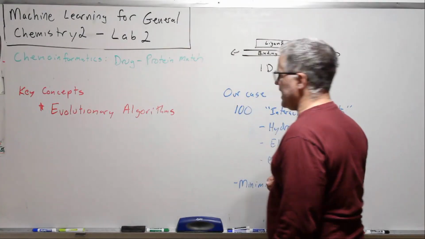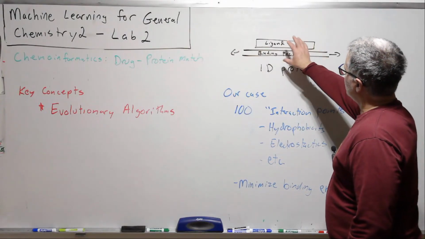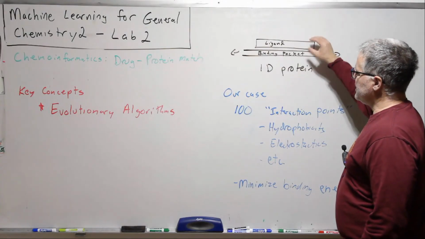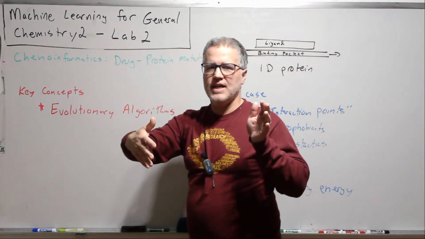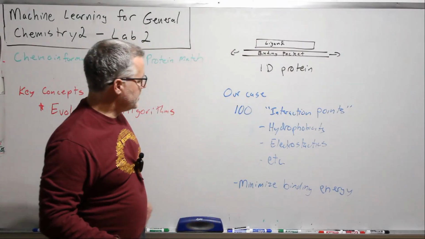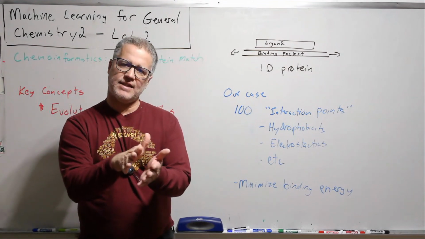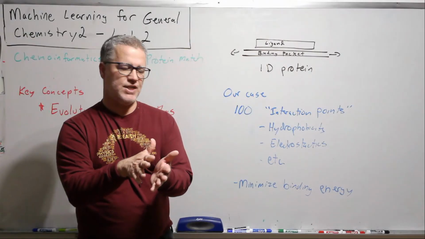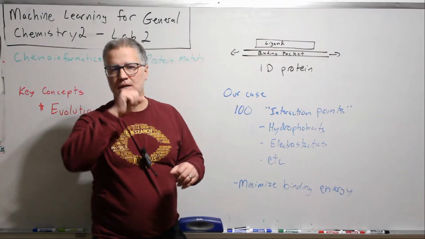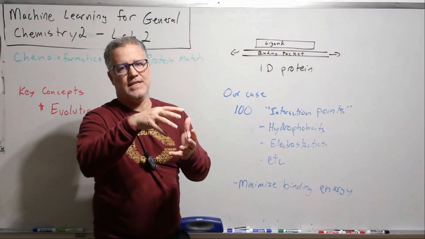So in our particular case, we're going to imagine a one-dimensional protein and a ligand, and that ligand will interact with that protein at 100 sites or places, and the interaction will be just some generic type of how that ligand wants to sit next to that protein. It could be related to hydrophobicity or electrostatics or whatever in terms of what's going to snuggle that protein in with a good binding energy.